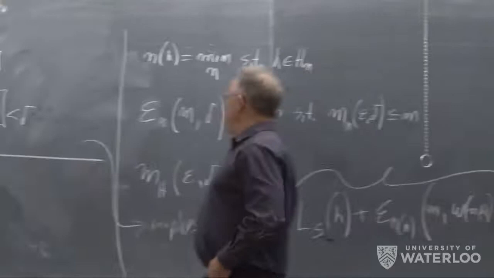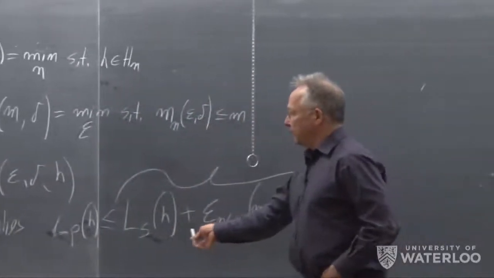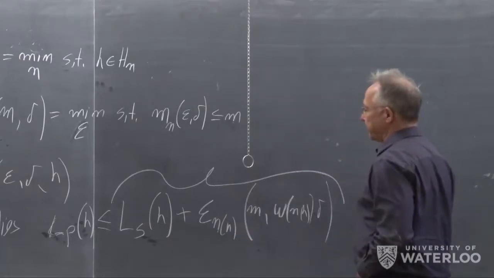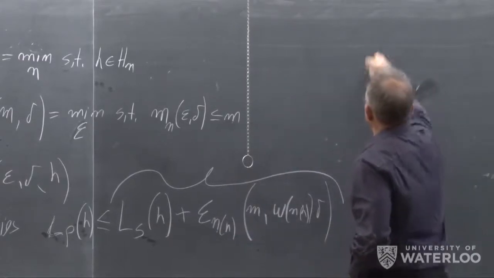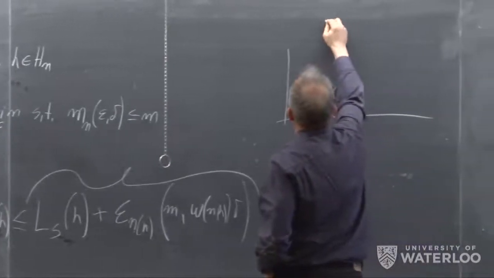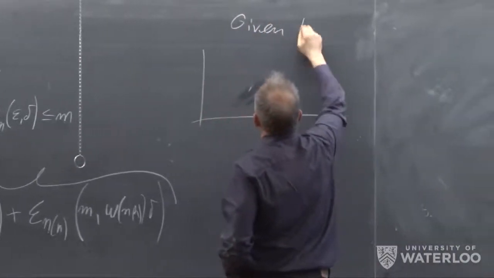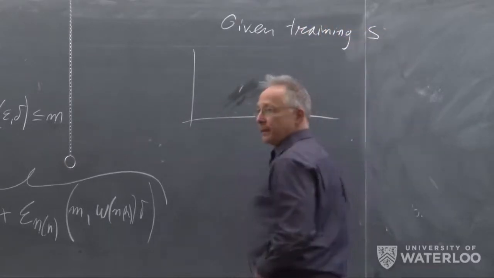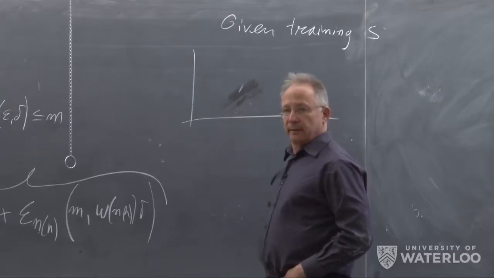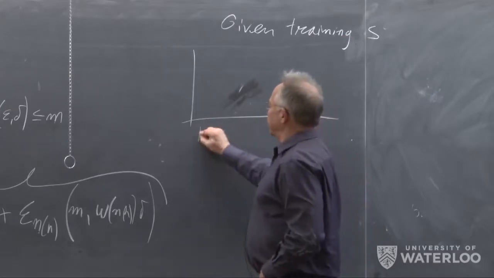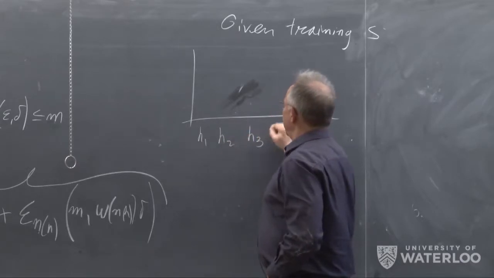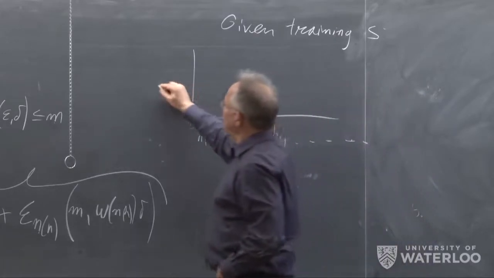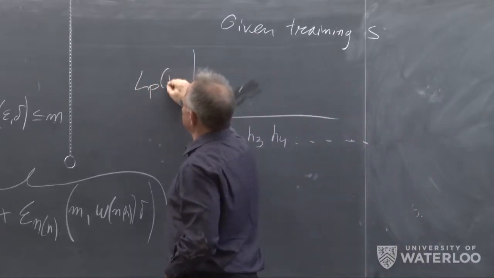So here is the algorithm. You see, we have this upper bound for every h. If we're given any training sample S, then I have here, say, h1, h2, h3, h4, I'm going over all h's in H. And for each of them, I'm looking at what is the real loss of h.